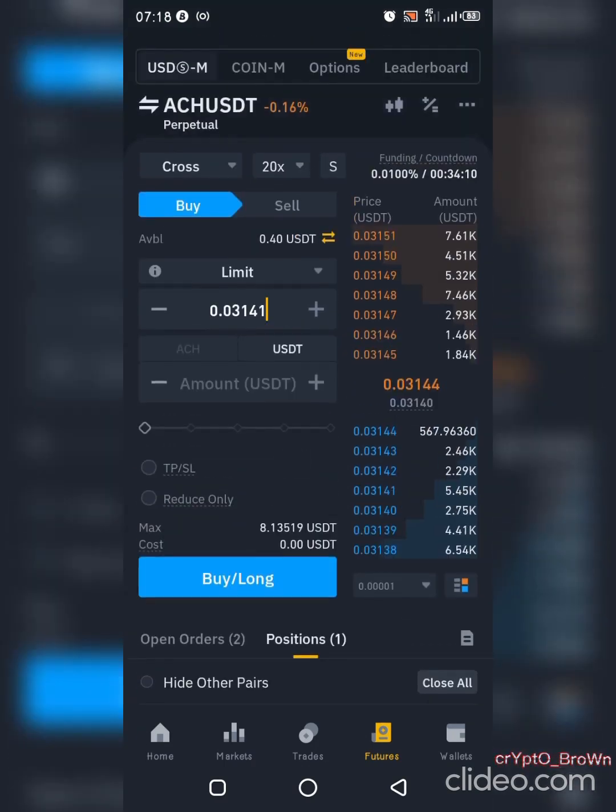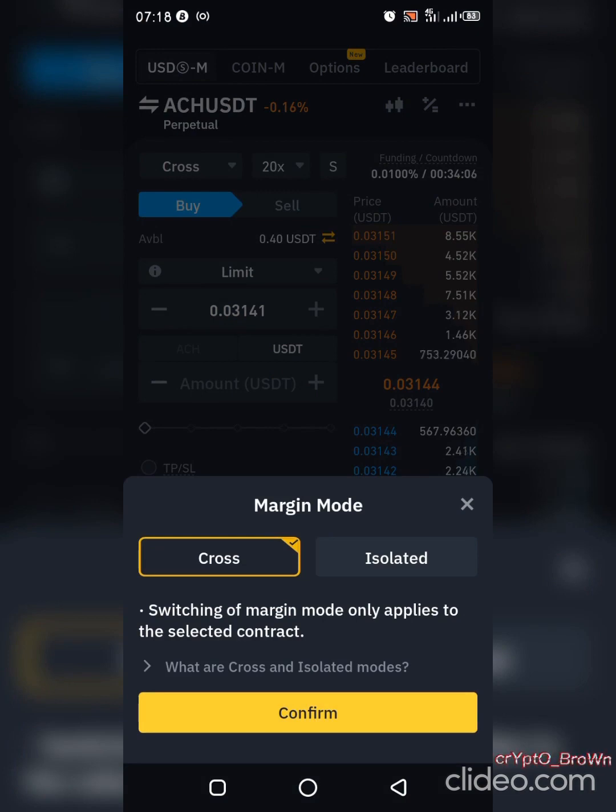Now over here you see cross, isolated, and cross. Isolated or cross margin mode means that when you are trading in the cross, your balance, your profits and loss is shared across all your trades.